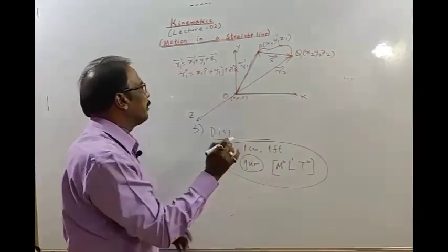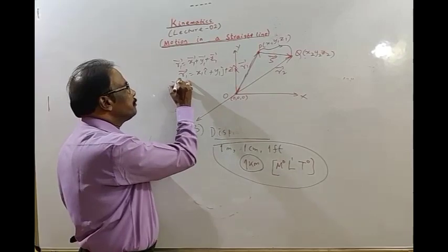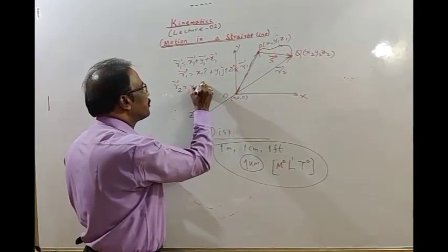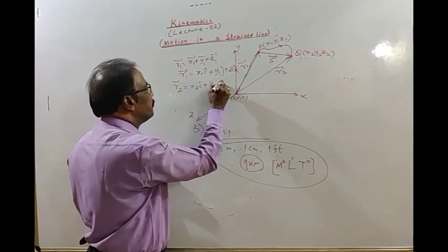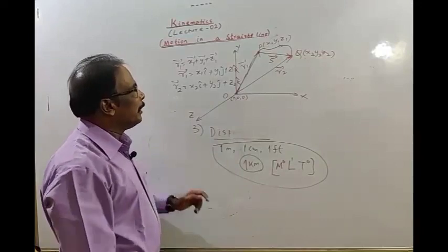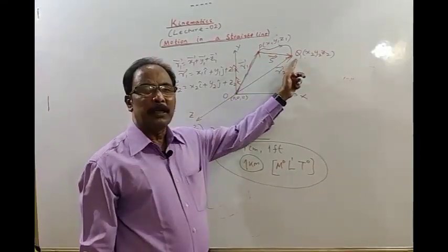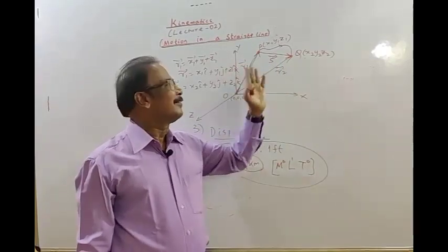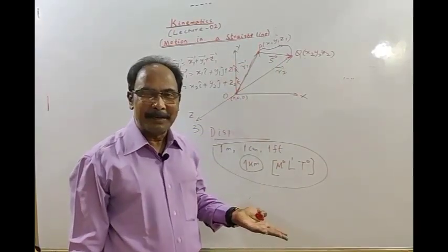In a similar way, we can give the expression of the position vector of point Q with respect to the origin as x2 i cap plus y2 j cap plus z2 k cap. Thus, the displacement vector is PQ, directed from P to Q, and it is the S vector, the displacement vector.